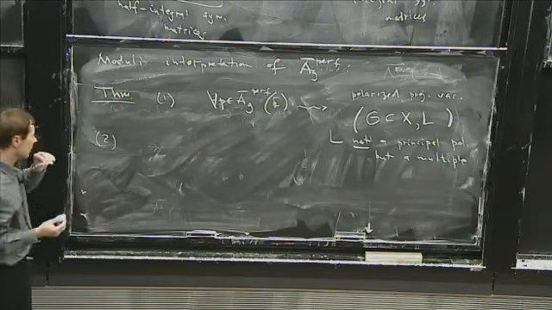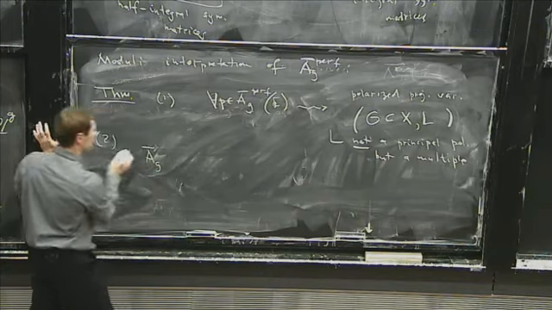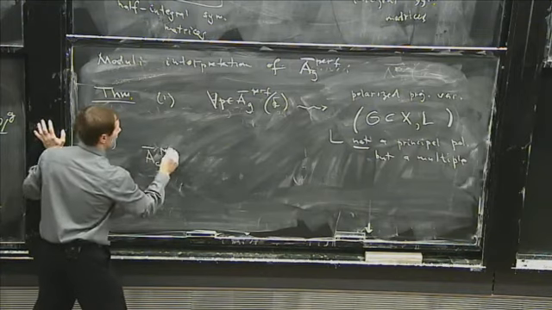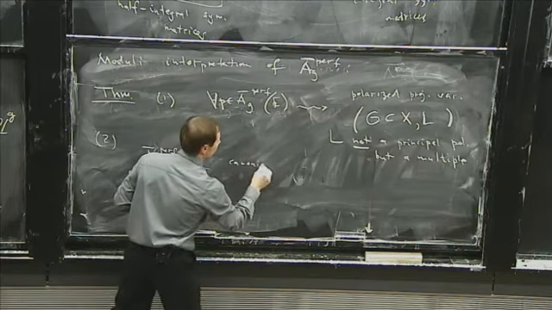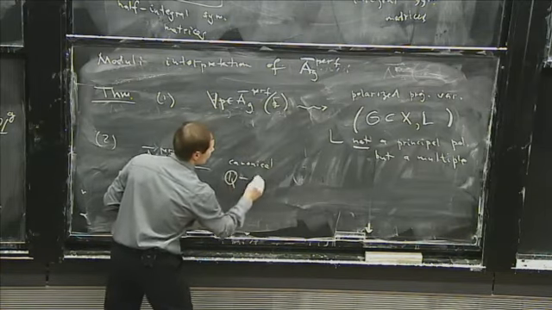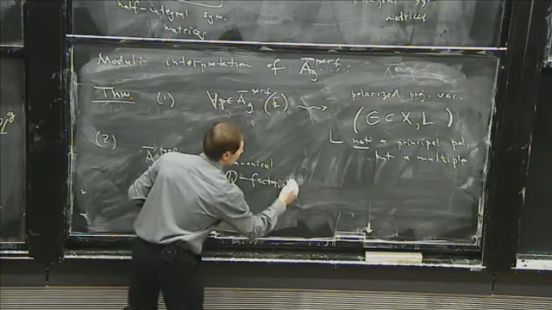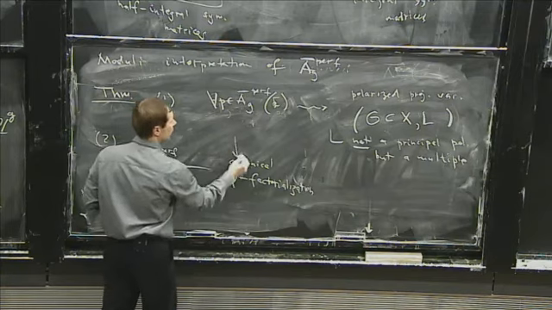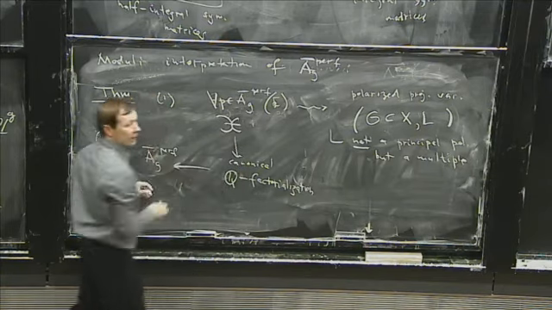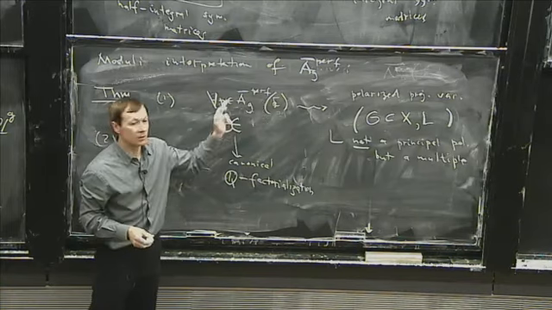And here, unfortunately, I can prove a little less. So over the canonical Q-factorialization, I can construct a family of such varieties.